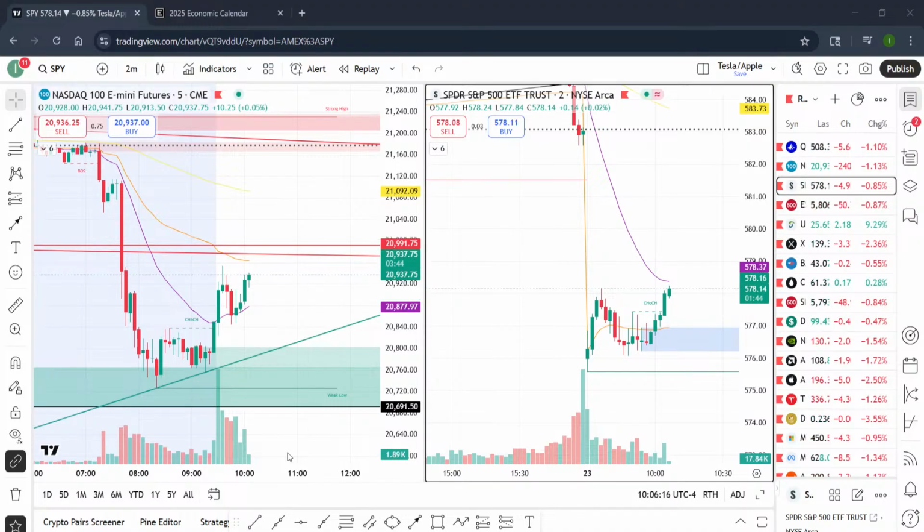Gotta be careful here with the 21 EMA coming down on the S&P. We could see some bearish action there. Let's keep an eye out for that.